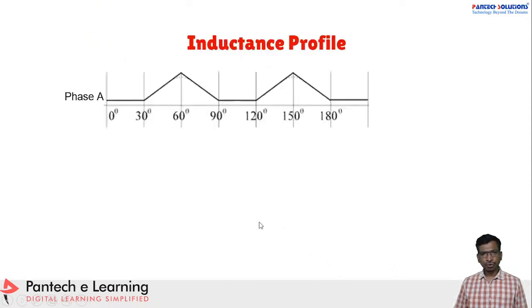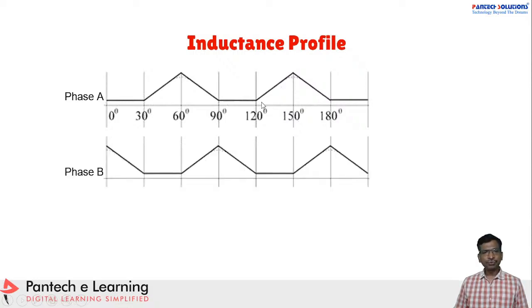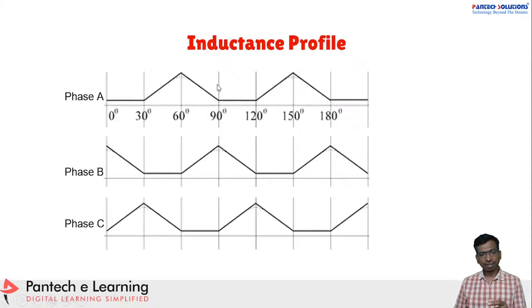If you draw the values exactly, the shape of the inductance value will be like this. Sometimes it will be low, then sometimes high, and after some time it will go down and again be low. If you draw this for all the phases, you may get an inductance profile like this.